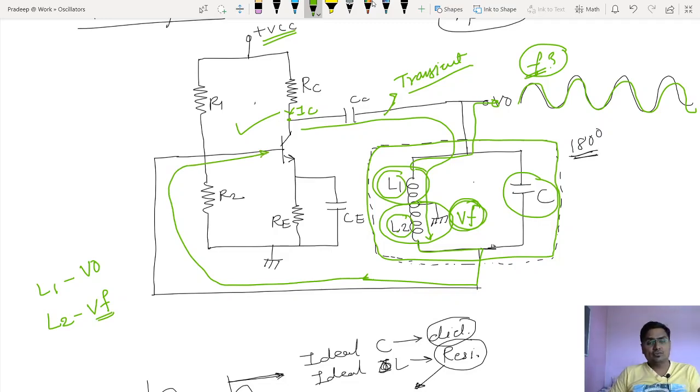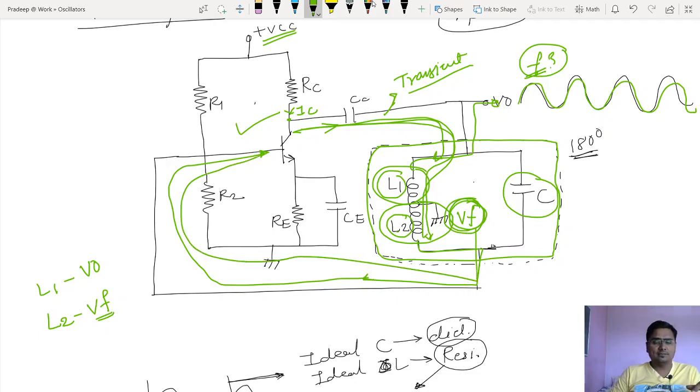Now what is the amplifier's job? Whatever it gets as an input, the amplifier has to amplify. So again the amplifier will amplify that voltage and give it back to the tank circuit. So the current through the tank circuit again increases, and VF again increases. The increased voltage is fed back to the amplifier again.